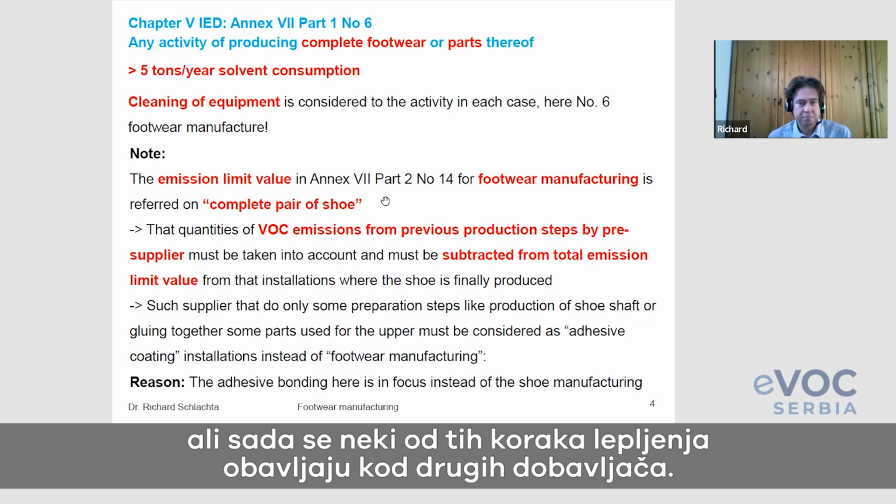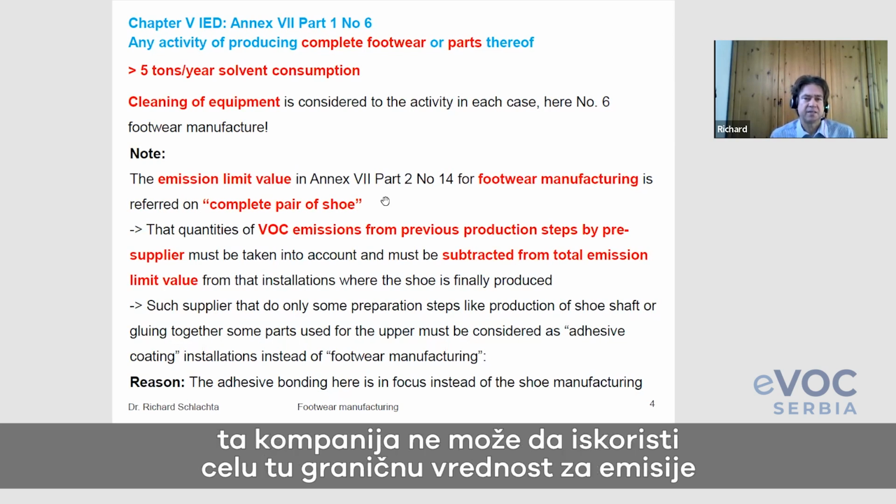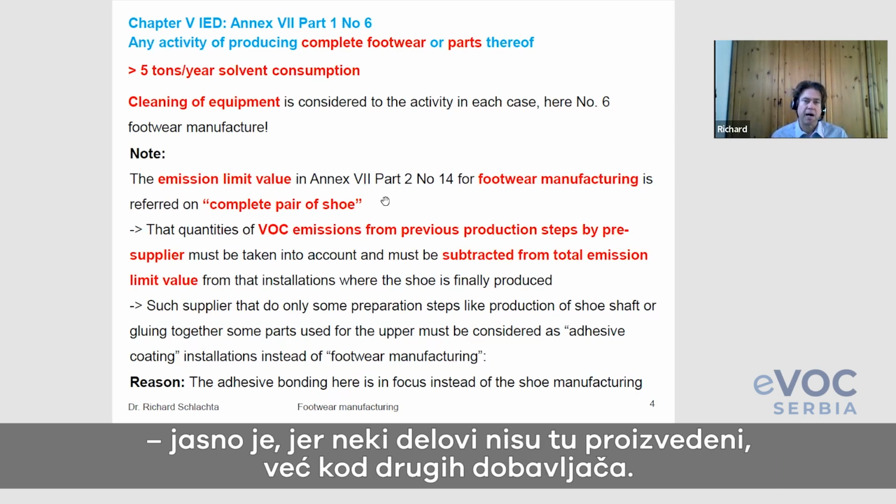So that means it's clear, if the shoe is manufactured in the final step in that company, it cannot use the whole VOC total limit value, because some parts are not done in that company.